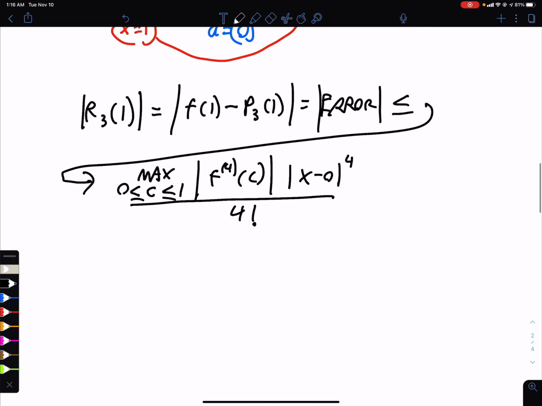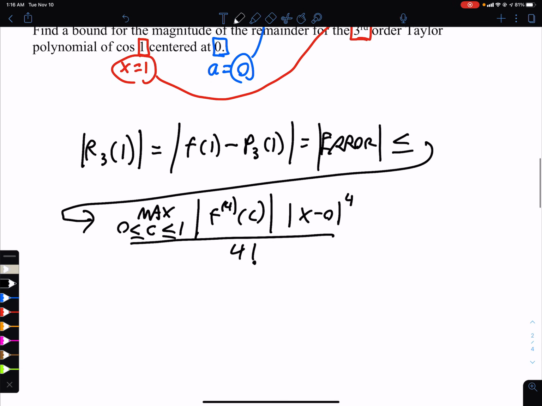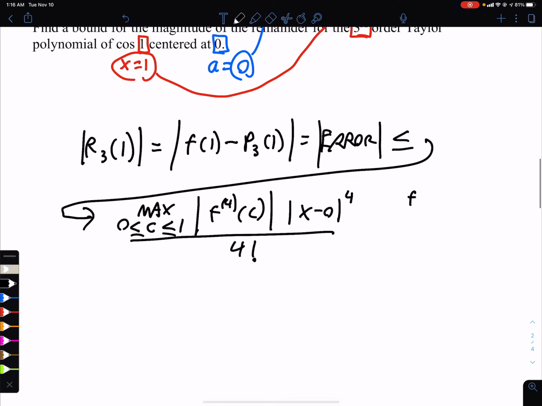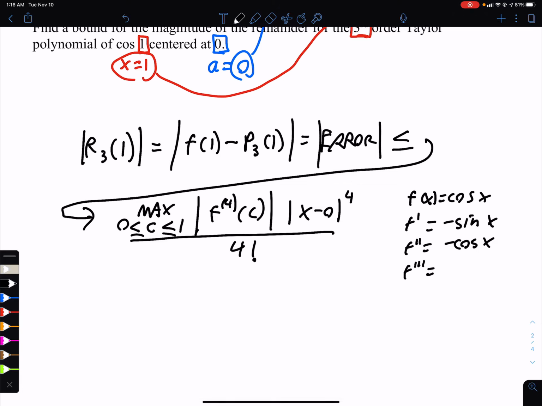So we need to find the fourth derivative for cosine of x. Our original function is cos, so the derivative will be minus sine x. The derivative of that would be minus cos x, and the derivative of that would be sine x, and the derivative of that would be back to cos x. I believe that's right. Let me double check.